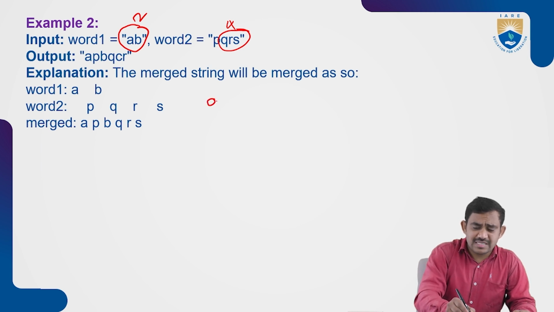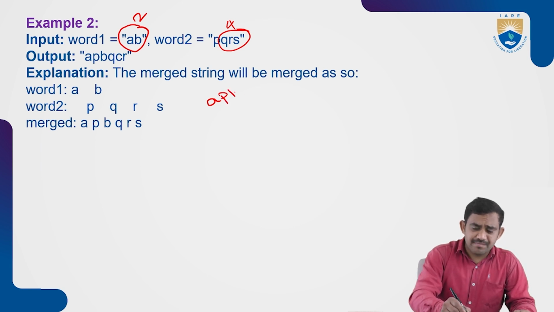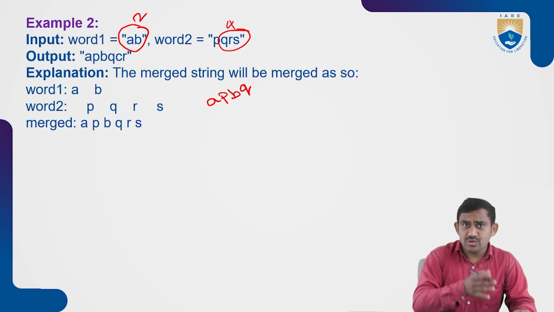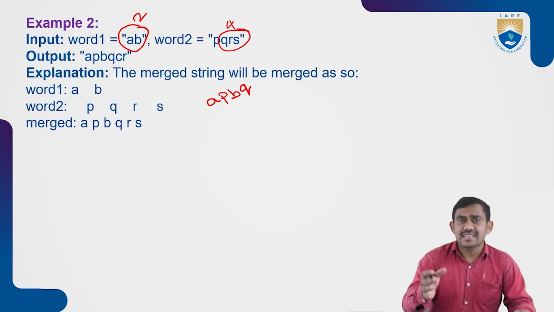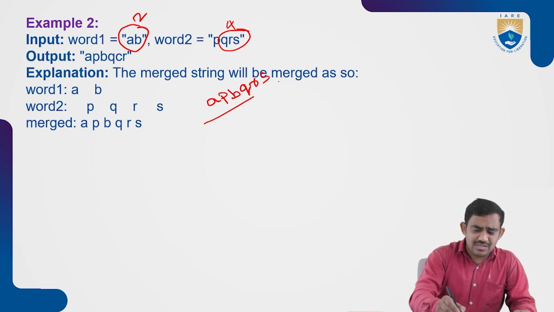The first string's first character is A and the second string's first character is P. Then the first string's second character is B, then the second string's second character is Q. Then do we have any characters left in the first string? No. Then go to the second string's remaining characters. Those are R and S. So this is your answer.